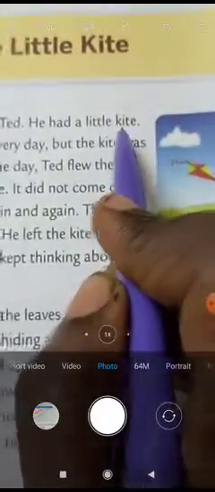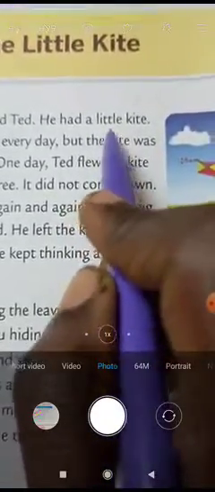Now let's do exercise D. Pick out the 2 describing words. You remember we describe the naming words. Yes. And they are called adjectives. We have to look for the describing words from the story which have been used for the kite. So what are those words? You can see here. Little kite. How was the kite? Kite was very little. So this one describing word is little.